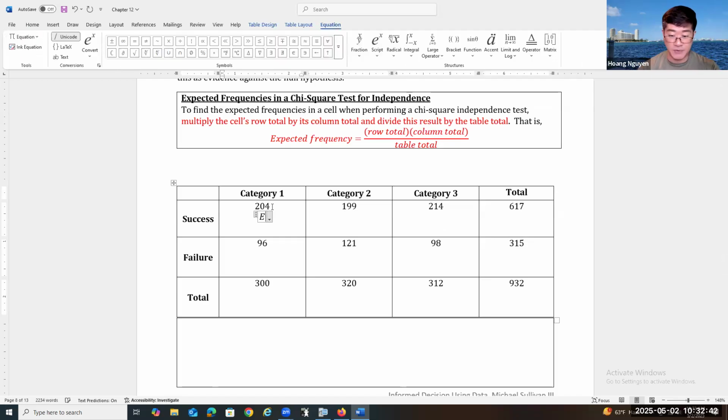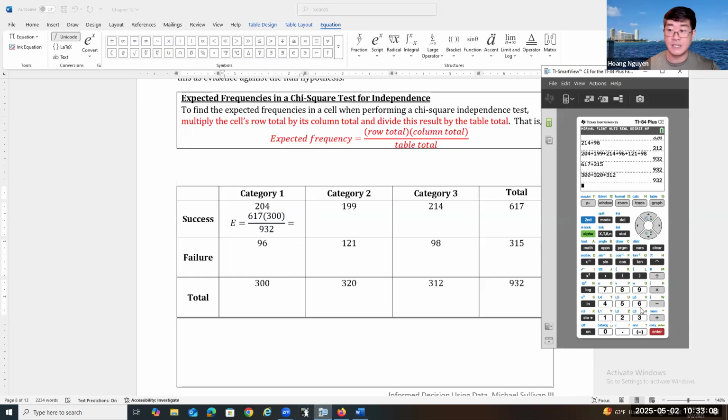For the first one right here, the expected frequency is equal to the row total, so this is on the first row, so the row total will be 617, times the column total, so this is on column 1, so the column total will be 300, divided by the table total, 932. So 617 times 300 divided by 932.